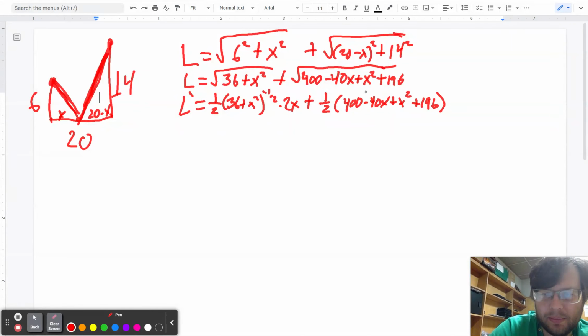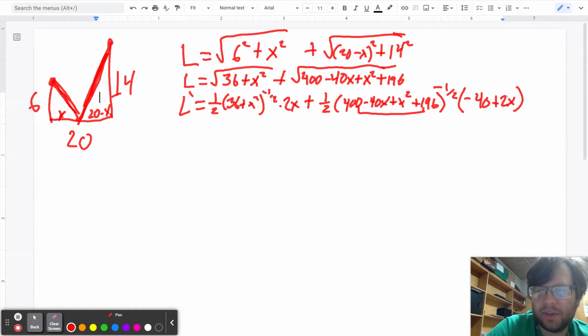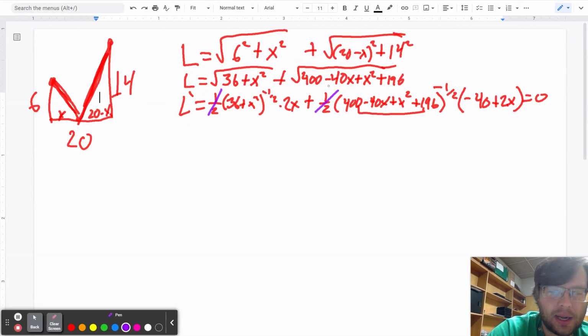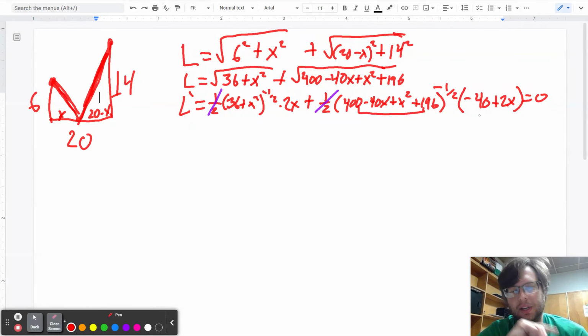So next step, I'll combine these together to the negative 1/2 times negative 40 plus 2x. We want to set that equal to 0. So what I'm going to do is multiply everything by 2 to get rid of my 1/2s. And then I'm going to get each term written in square roots and written in fractions.